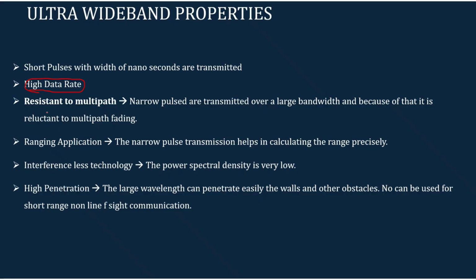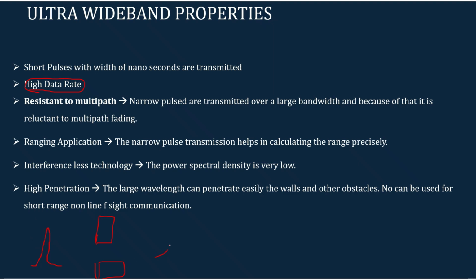And the next one is that it is resistant to multipath because we are using a very narrow pulse. Because we are using a very narrow pulse, as it is transmitted, it is very resistant to multipath. When it hits obstacles like walls and other things, the multipath effect will be very much reduced as we are using a very narrow pulse.